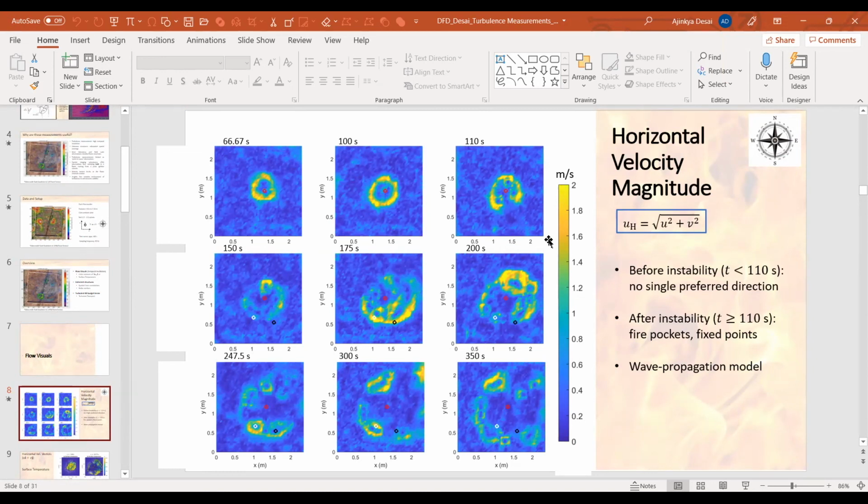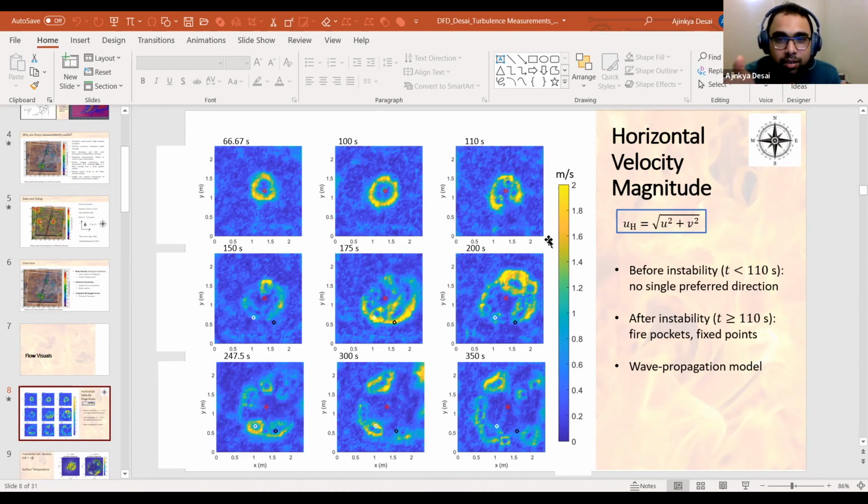I'm very familiar with the time series, having looked at different snapshots so many times, I can just visit a certain snapshot in time and try to find a point in the array that shows very low horizontal velocity magnitude. Incidentally, those points also correspond to very strong updrafts, because those are the points where the fire flame is residing at that instant of time.